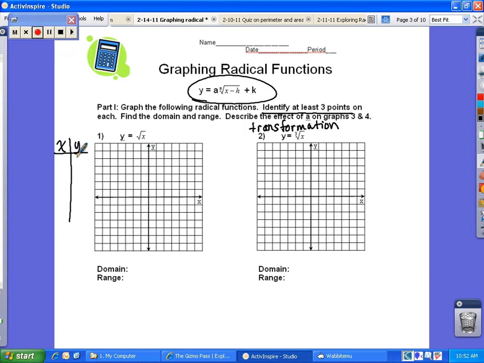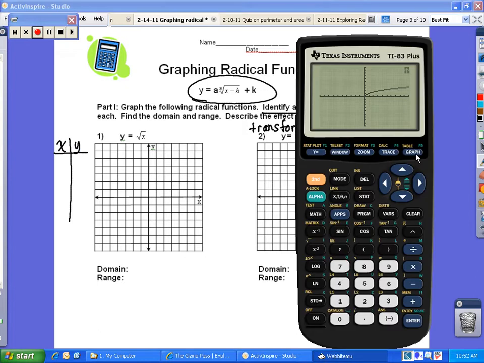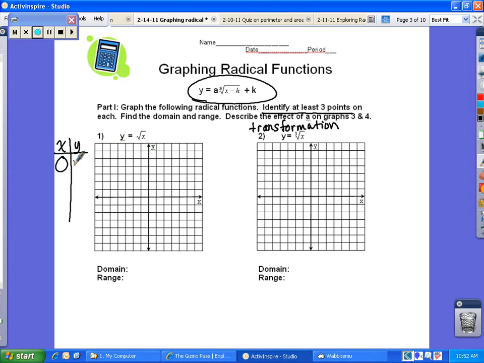And if you go to the table of your calculator, which is second graph, you can see that the perfect squares are the ones that have integer values, which are actually the easiest ones to use. When x is 0, the square root of 0 is 0. When x is 1, the square root of 1 is 1. When x is 4, the square root of 4 is 2. And when x is 9, the square root of 9 is 3.